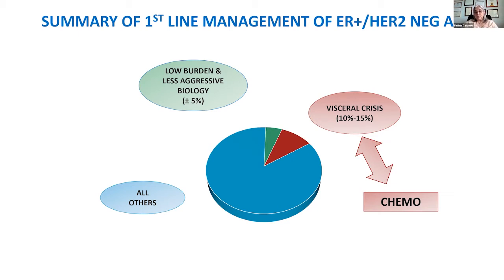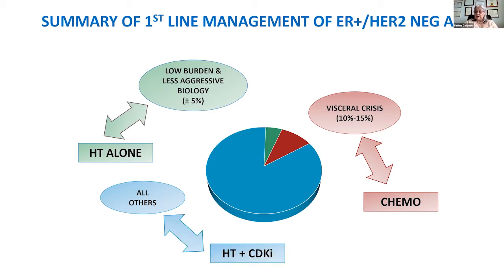Perhaps for those, it's still good and appropriate to treat with hormonotherapy alone. But for the vast majority of these patients, because of this huge benefit in survival, what is recommended is to give hormonotherapy and the CDK4/6 inhibitor.